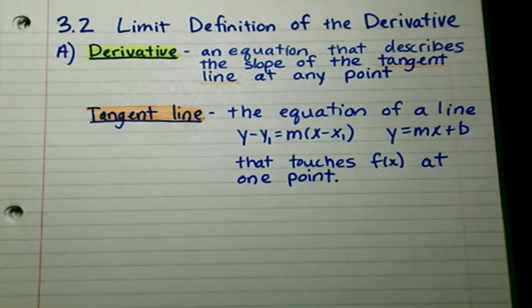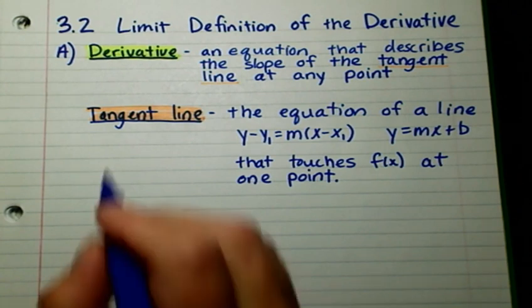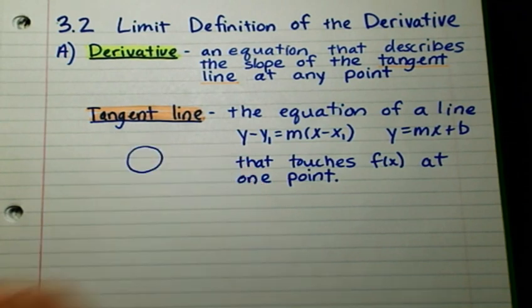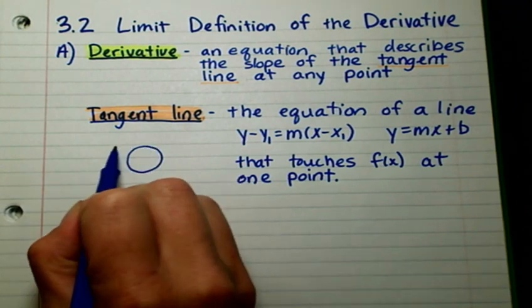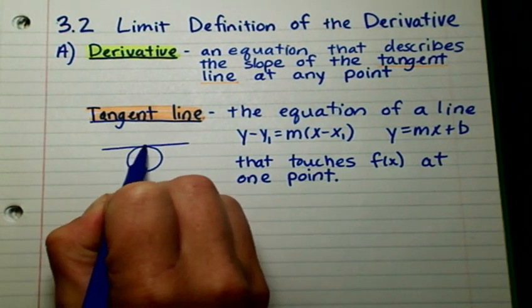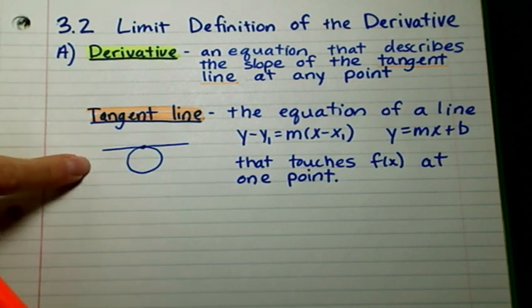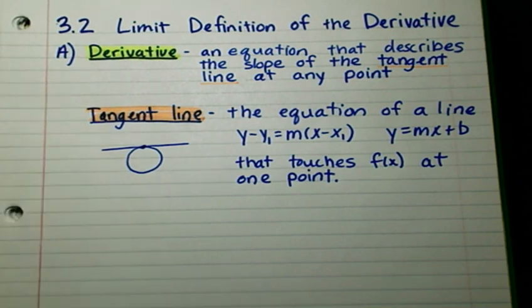Okay, so the tangent line, yes, connects to geometry. So I'm just going to draw a little circle, and I'm going to think way back to what a tangent line looked like for a circle. It's where it just barely touches that one point on the edge of the circle. That's what you called a tangent line in geometry.